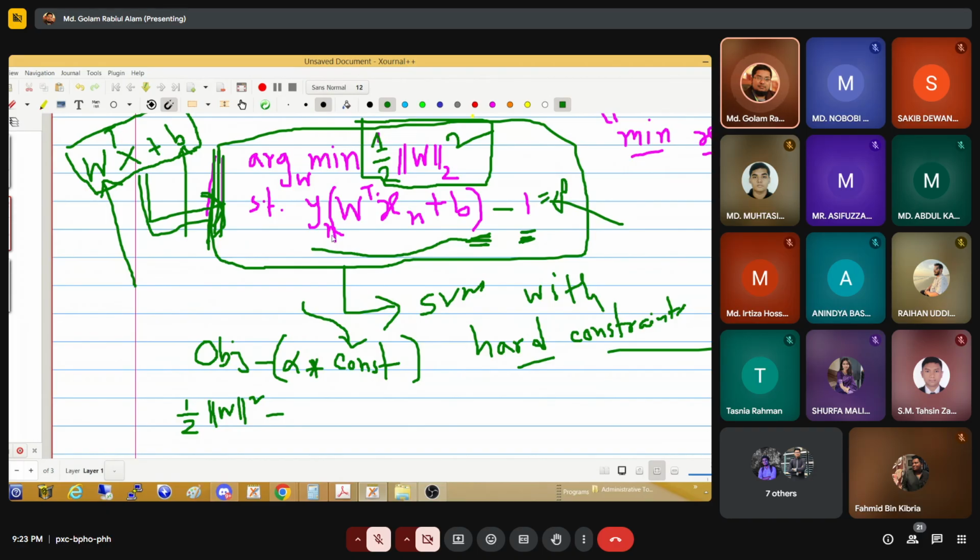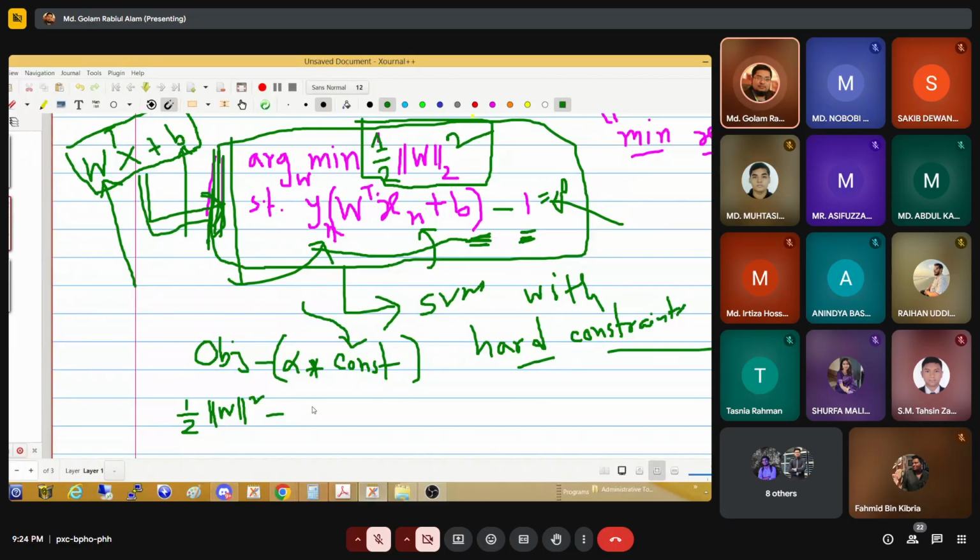This is over n, so many data points can be considered. That means we can say only the support vectors can be considered here, because y n (w transpose x n plus b) minus 1 is actually only for the support vectors.